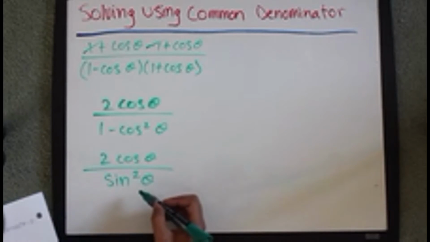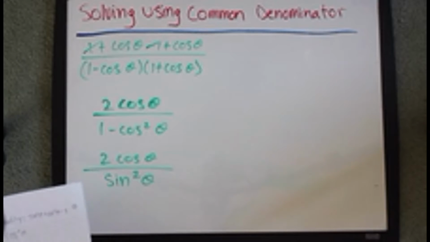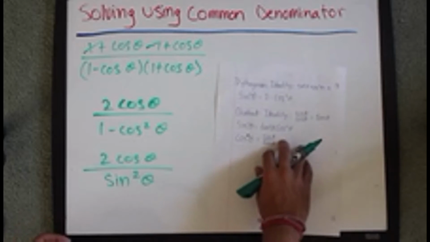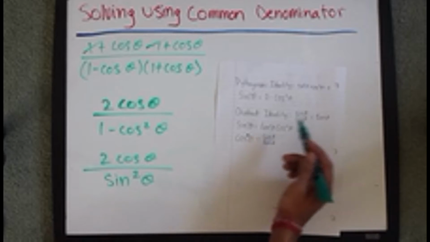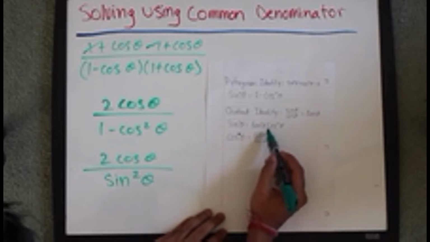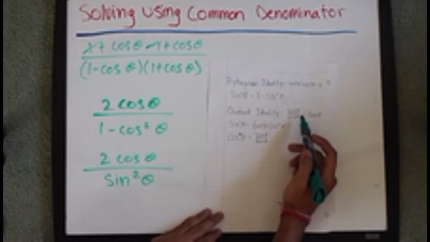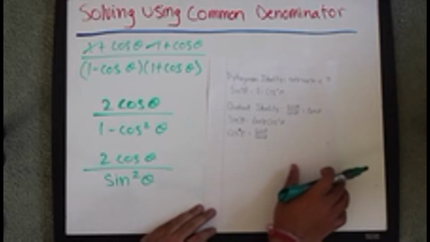So now instead of sine squared theta, we can use the quotient identity, and we can turn the sine squared theta into tan squared theta times cos squared theta. Sine theta over cos theta is equal to tan theta.